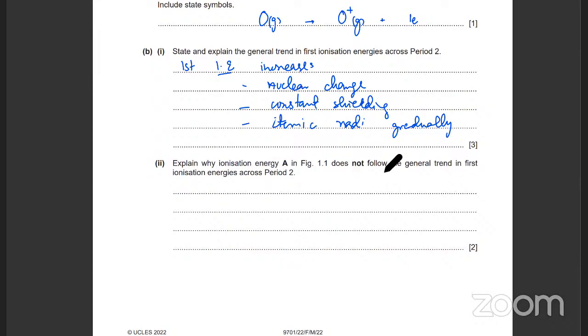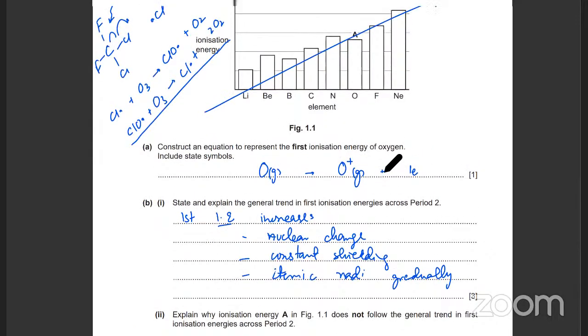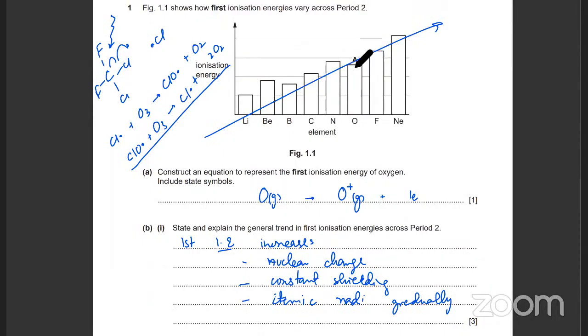Why does it not follow the trend? Why is there a dip at group 6? What are the 2 points? Repulsion. The first point is the difference in electronic configuration. You write that in nitrogen, the electron is removed from a half-filled p orbital, while in oxygen, the electron is removed from a paired p orbital.